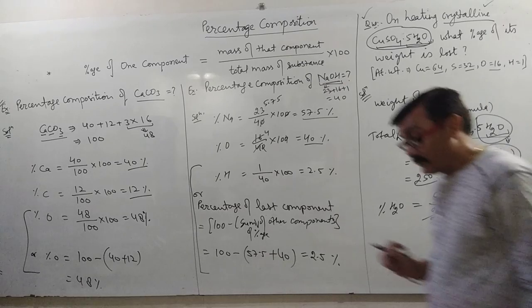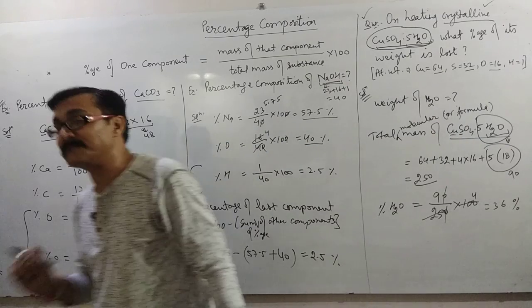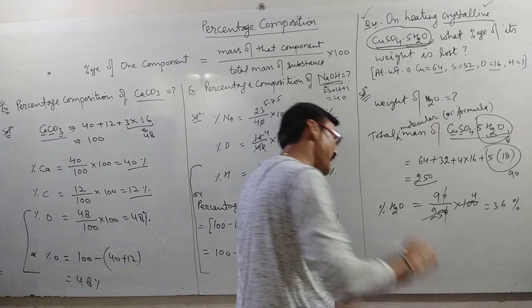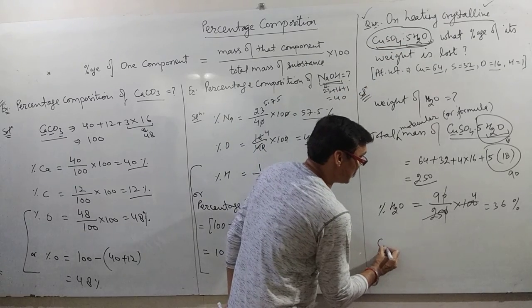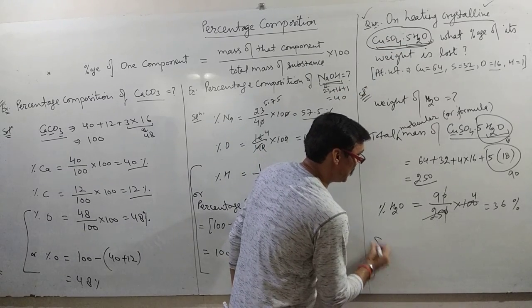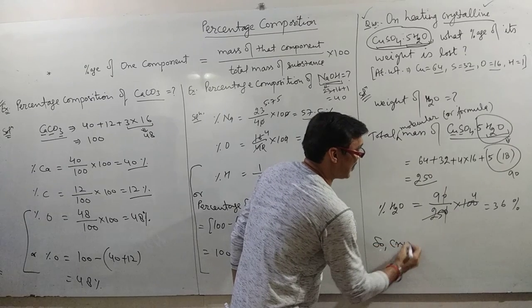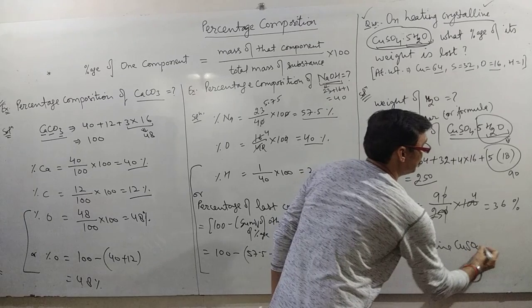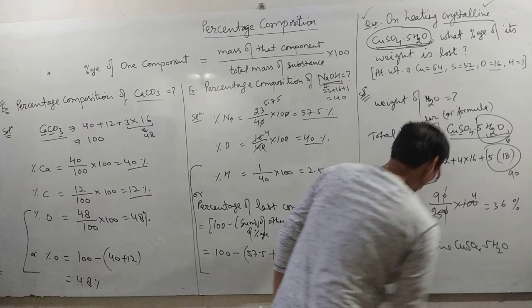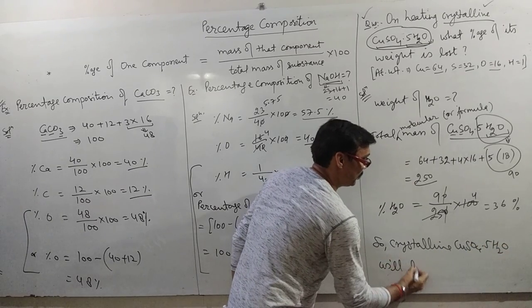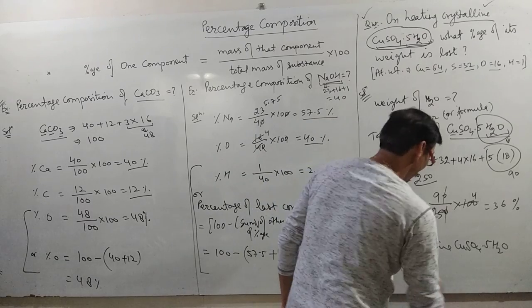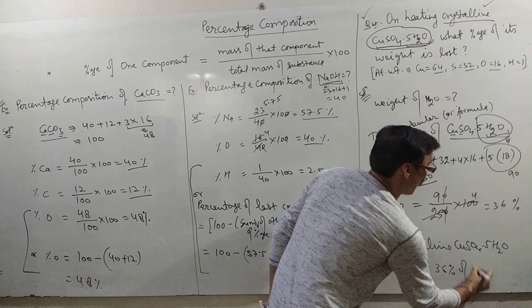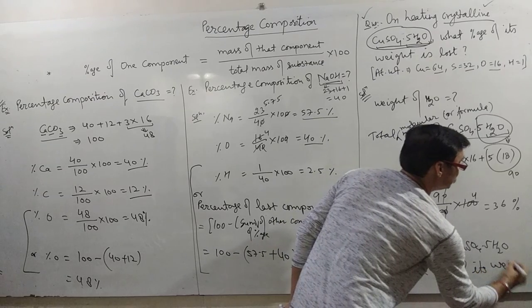So the water is 36% in crystalline copper sulfate. That is why on heating, crystalline copper sulfate will lose 36% of its weight.